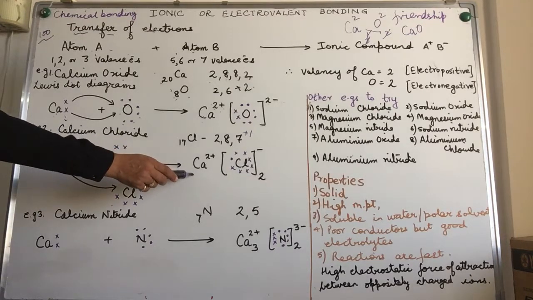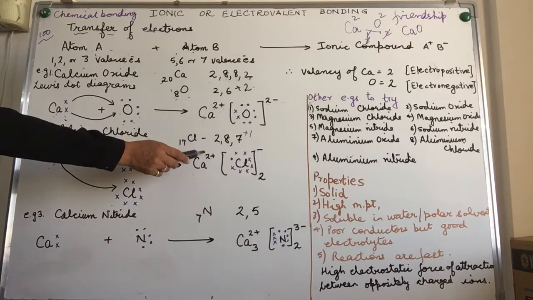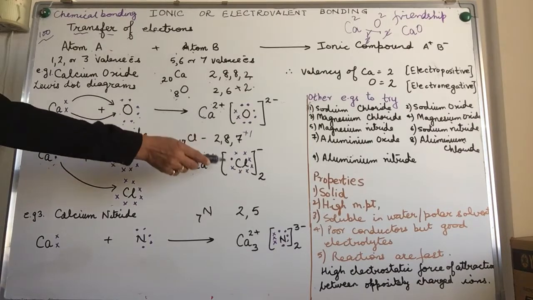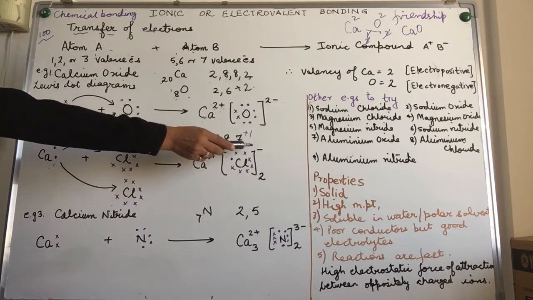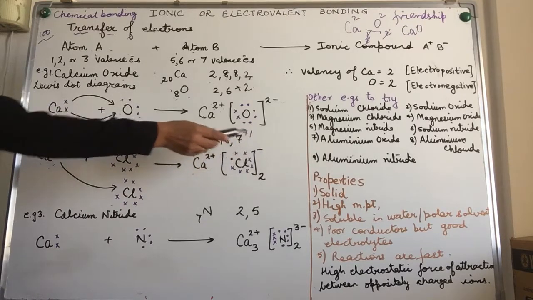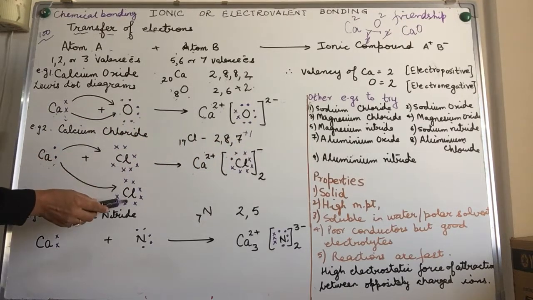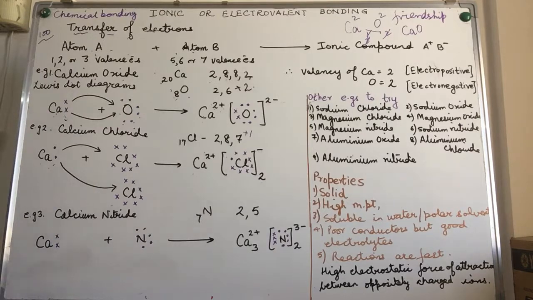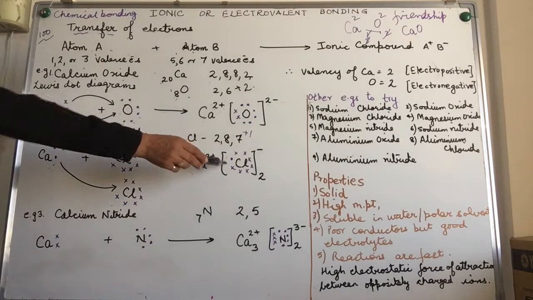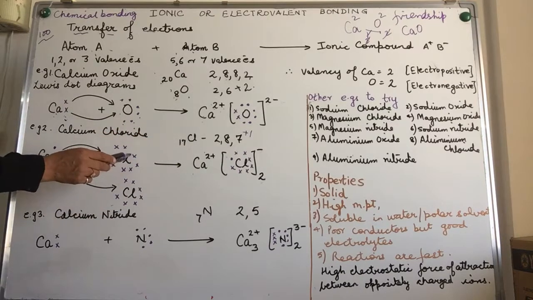So we have calcium losing 2 electrons, 2 positive. Each chlorine atom acquiring 1 electron, so only 1 negative, but 2 chlorine atoms participating. Hence we put a 2 as a subscript outside the square brackets, indicating the number of atoms involved.